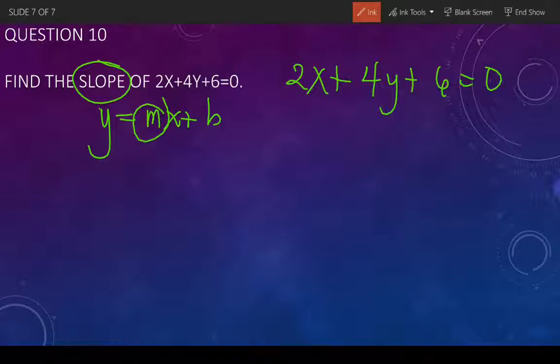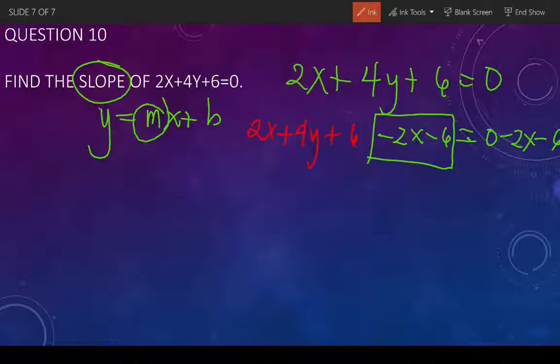I-add natin yung additive inverse ng 2x tapos 6 sa both sides. So, we have 2x plus 4y plus 6 minus 2x minus 6 is equal to 0 minus 2x minus 6. Ito yung mga additive inverses ng 2x tapos ng 6. Bakit natin in-add yung mga additive inverse nila is para makancel sila dyan.